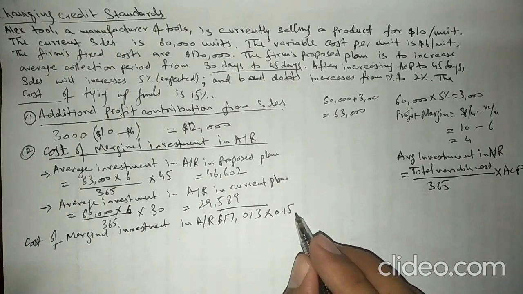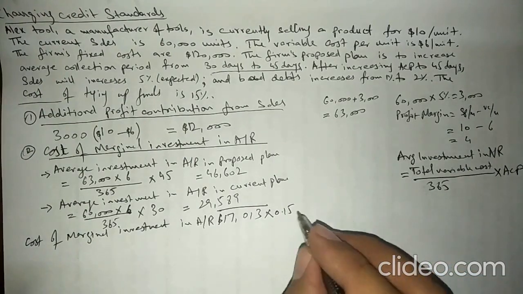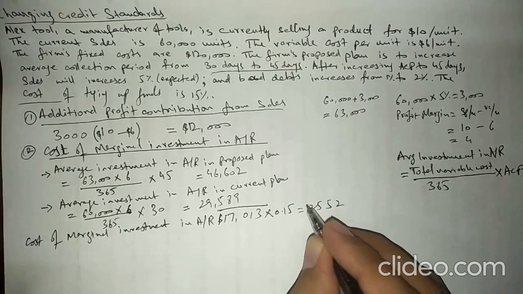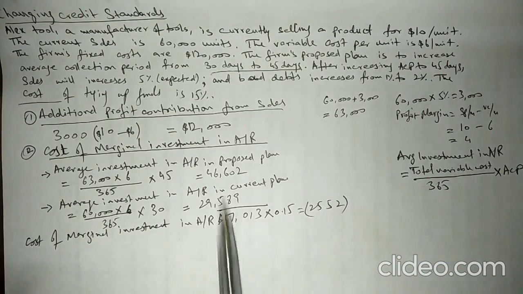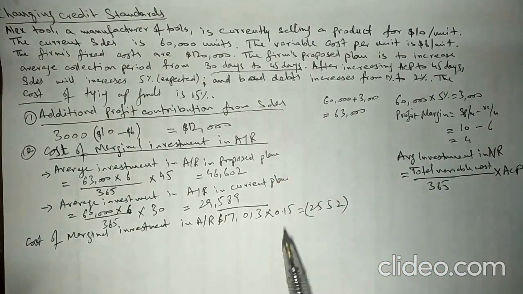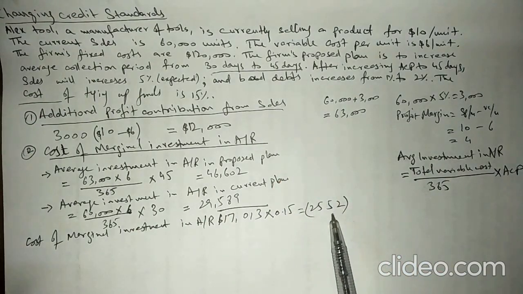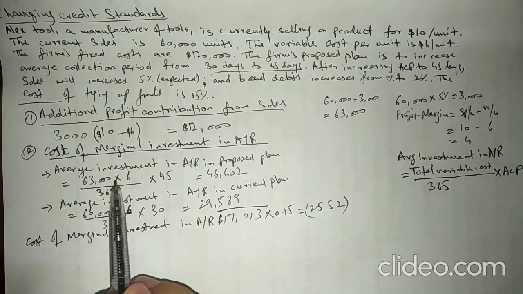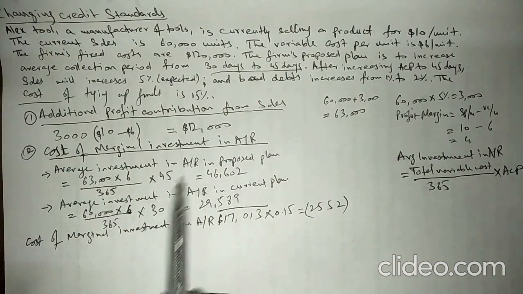So the whole answer here is 2,552. It means that if we go from 30 days to 45 days average collection period policy, additionally we will bear a cost of $2,552 against the financing of account receivables.